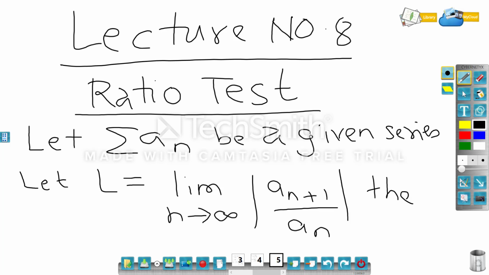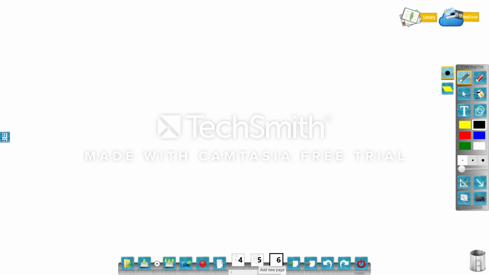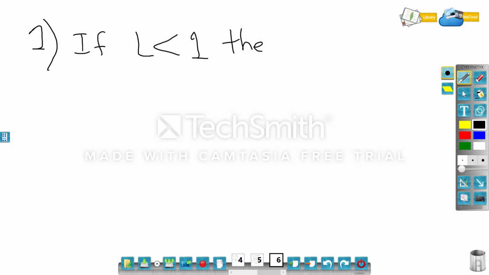Then, number 1, if L is less than 1, then the series a_n is absolutely convergent.